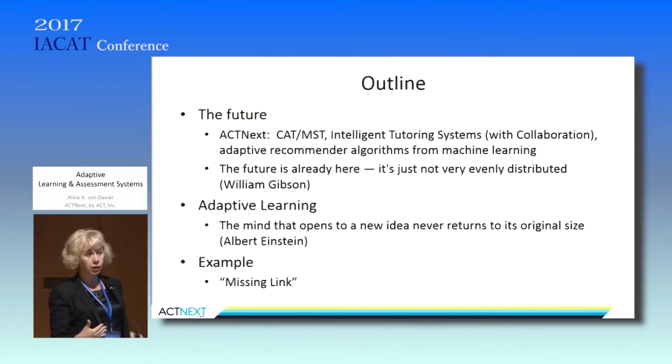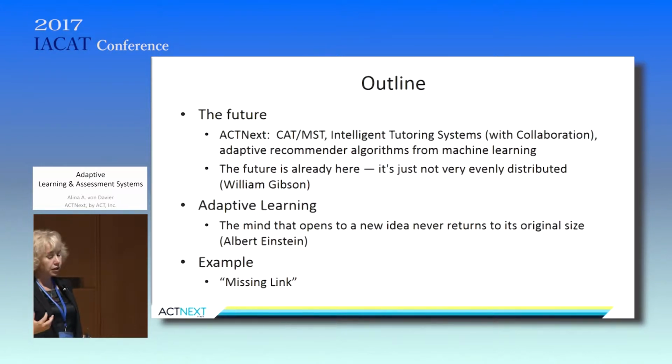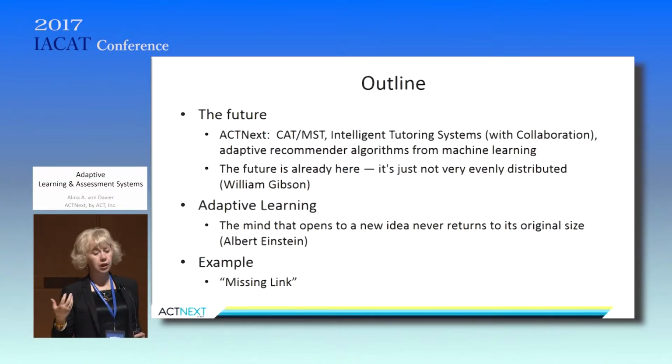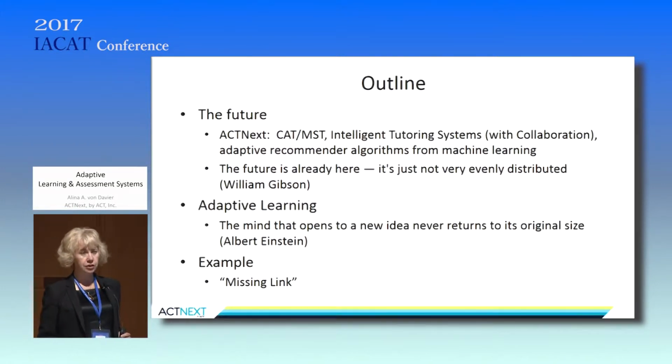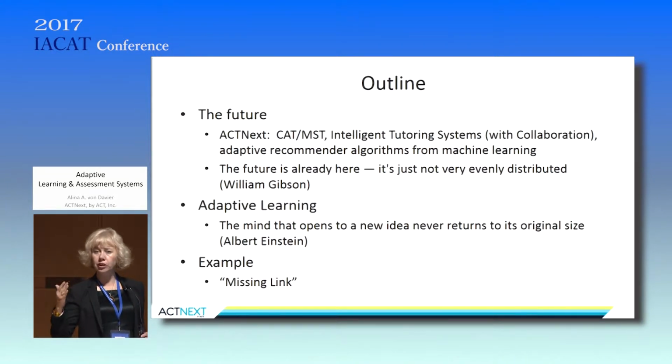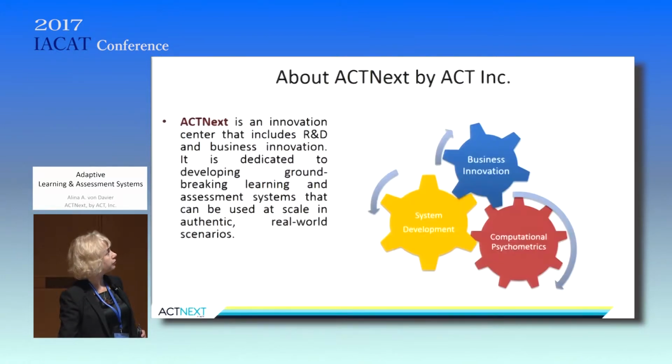This is my group at ACT, and about how we incorporate the knowledge about CAT and MST together with intelligent tutoring systems, with eventually collaboration, about adaptive recommender algorithms for machine learning. And then I will present a specific project that we call the Missing Link. And I will emphasize the type of conceptual framework and the type of thinking around these issues at ACT.